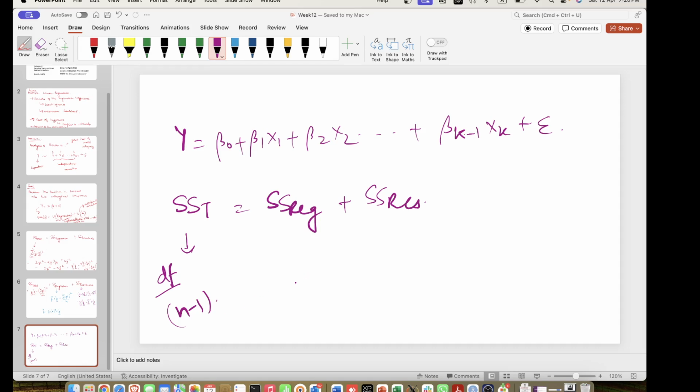Okay, and SS due to residuals is actually n minus number of unknown parameters.